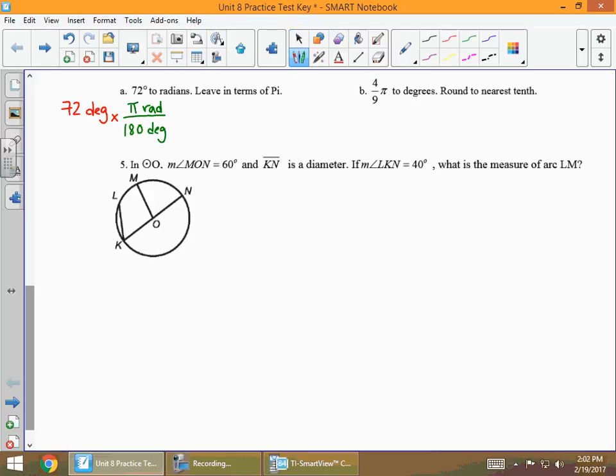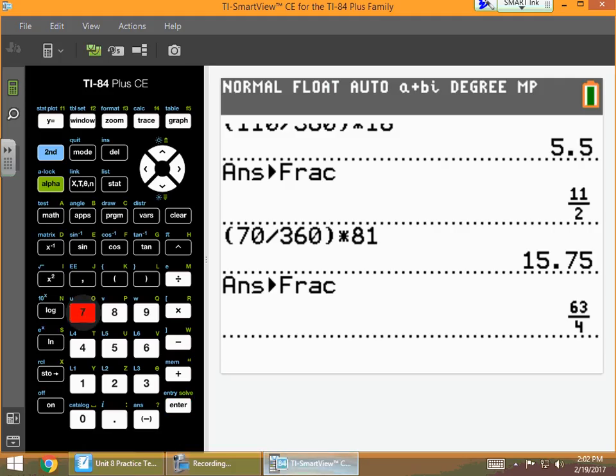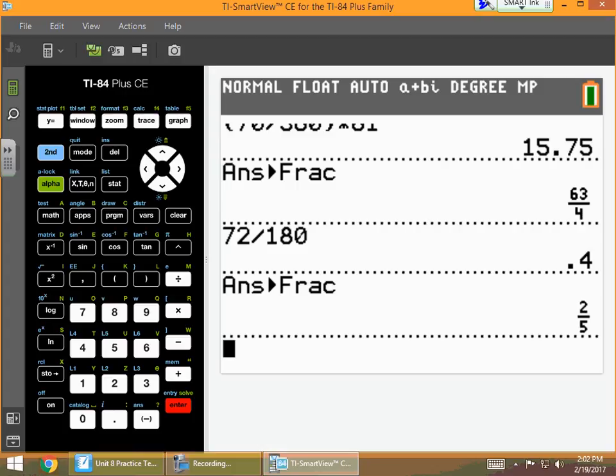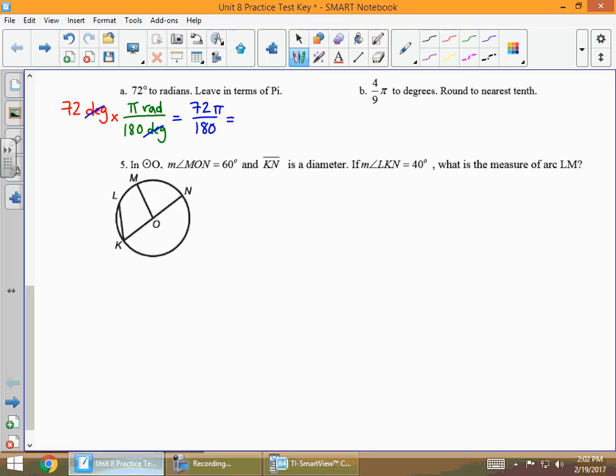The degrees cancel, one on top and one on bottom. So this is 72 pi over 180. And I need to reduce that. So 72 over 180 is 0.4. Math, enter, enter. It's 2/5. So this is 2 pi over 5 radians.